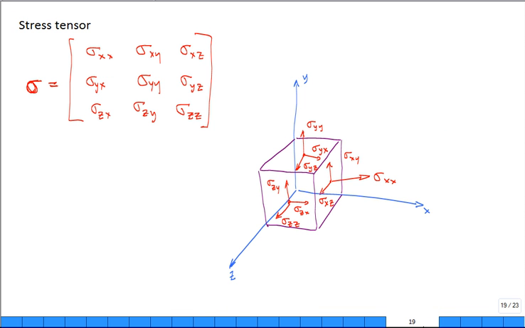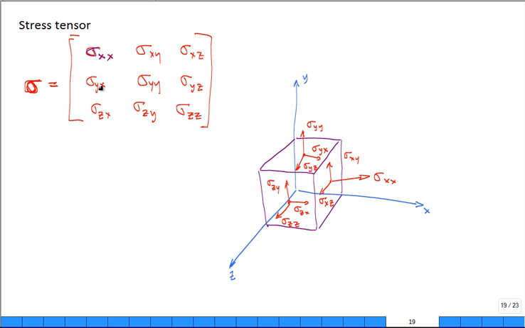So what is that surface tension? I'm sorry, not surface tension. A stress tensor, sigma. It's represented by a 3×3. There's 9 entities in it. Okay. And what I want to do is just describe each entity first.